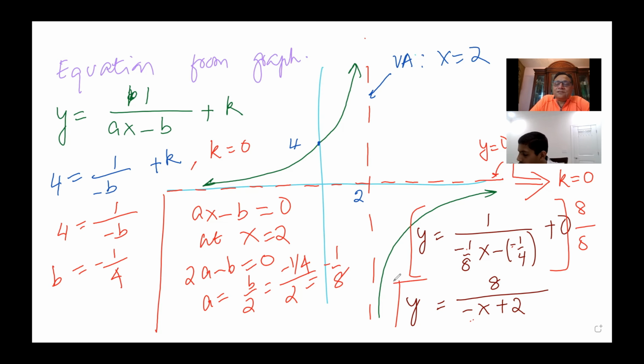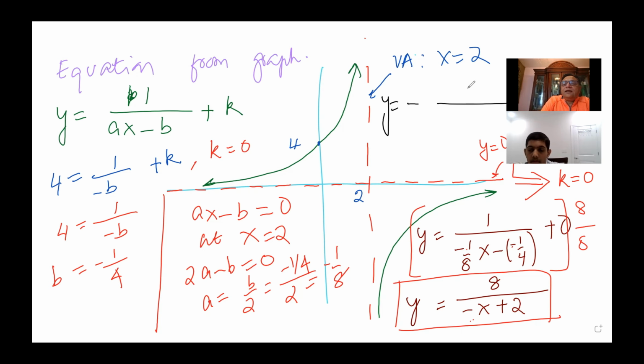And we get our answer, which is a much simpler equation. Does it make sense to you? I will prefer to write this in a better way, and my final answer will be y equals, I will take negative outside as a factor, 8 over x minus 2. You see that? This is what we will get.